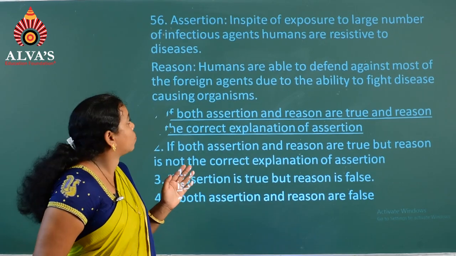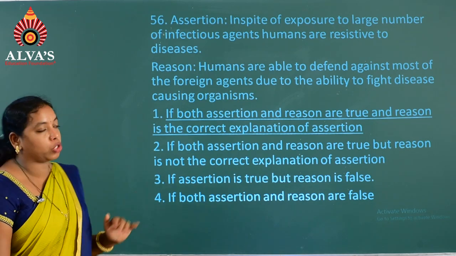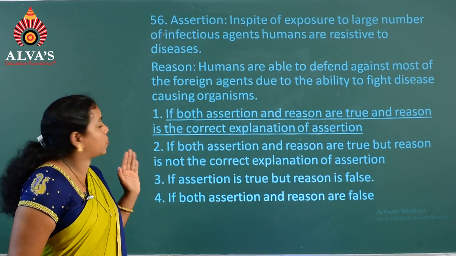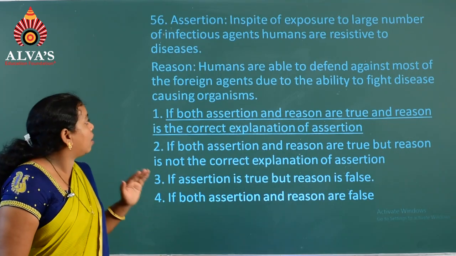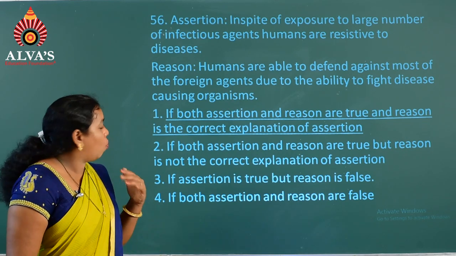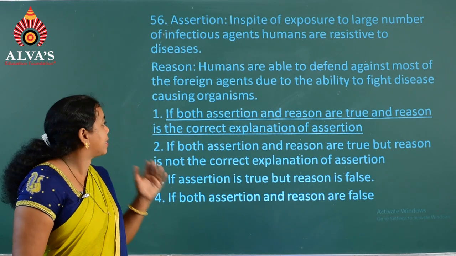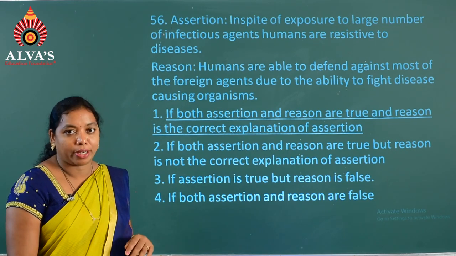The assertion is, in spite of exposure to a large number of infectious agents, humans are resistant to diseases. Yes. The reason is, humans are able to defend against most foreign agents due to the ability to fight against infectious or disease causing organisms.